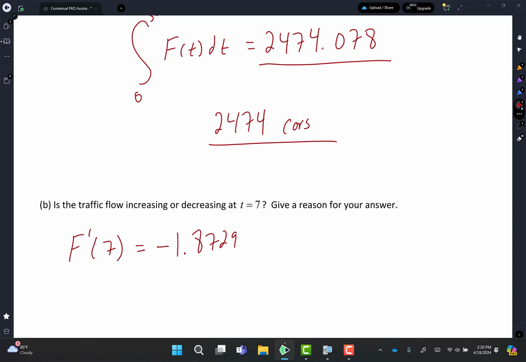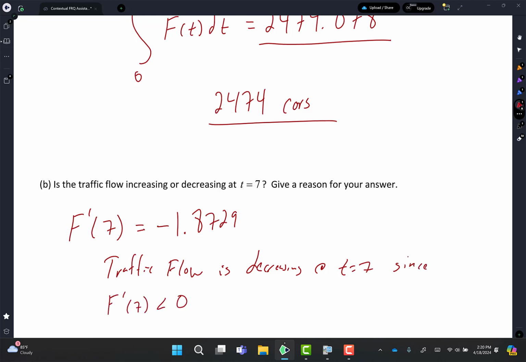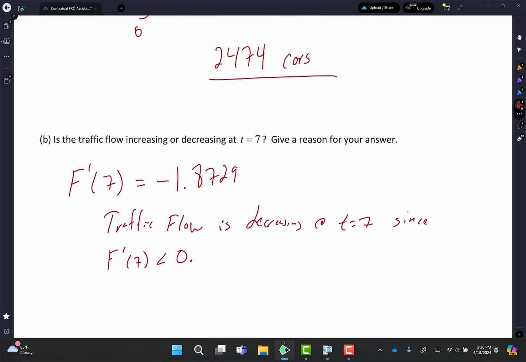Okay, so then what am I going to say? Because? Yeah, but make sure to state the specific f prime at what value. Perfect. Traffic flow is decreasing at t equals 7 since f prime of 7 is negative. I just say less than 0. And there it is, full credit. Traffic flow is decreasing at t equals 7 since f prime of 7 is negative.